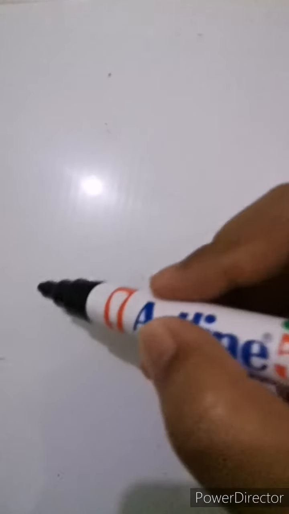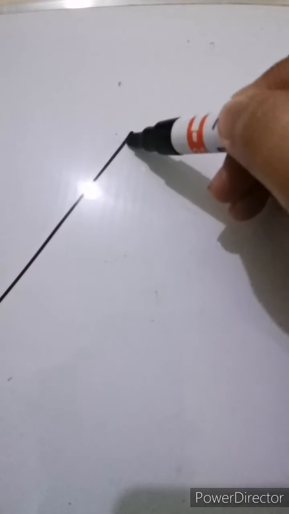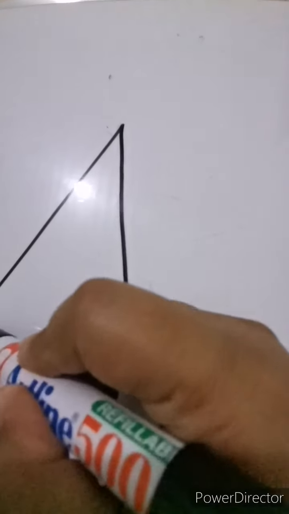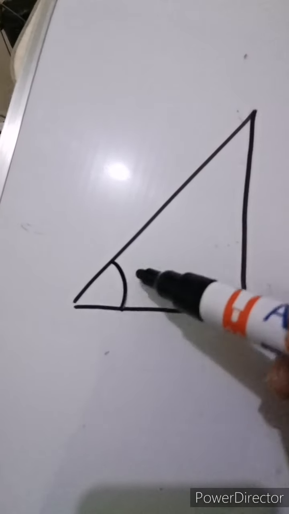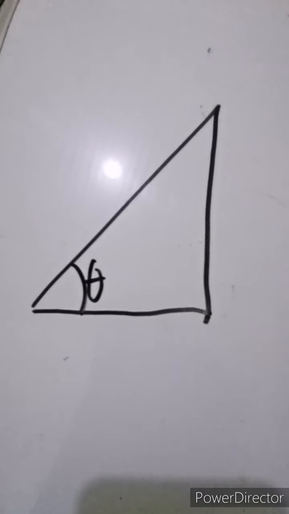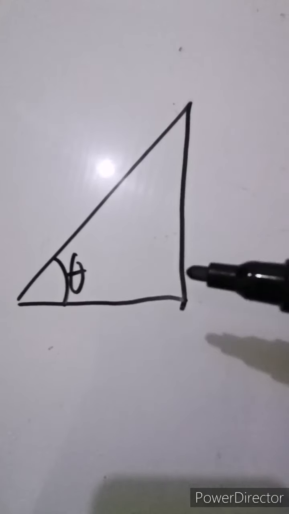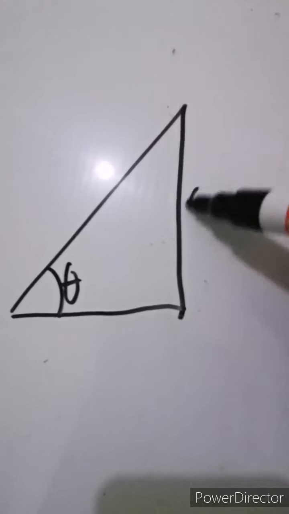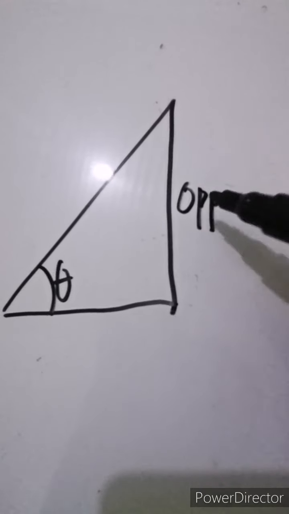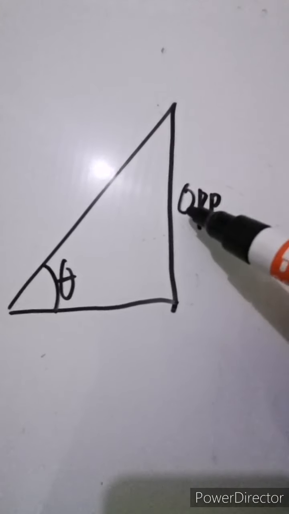Okay. So, una, gumawa muna tayo ng triangle. Okay. So, kanina, nakita natin, yung triangle natin is ganito. So, we have the right angle. Okay. So, for example, this is our reference angle. So, yan yung ating reference angle. Kung siya ang reference angle natin, this will be the opposite. Ibig sabihin ng opposite, yung katapat ng angle.